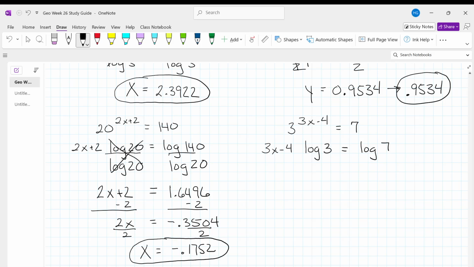And again, this 3x minus 4 log 3 means 3x minus 4 times log 3, so we divide by log 3. 3x minus 4 falls down, and 7 log divided by 3 log is 1.7712.